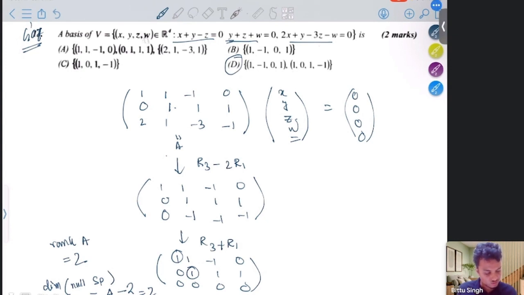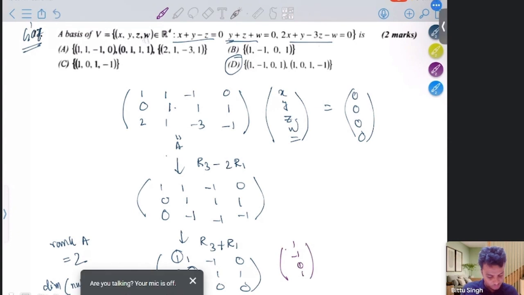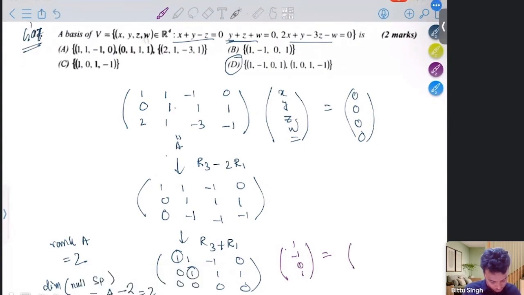But let us check that. If you multiply this with 1 minus 1 0 1, then clearly from the multiplication we are getting 1 minus 1 0, that is 0 here, then again 0 1 1, so it is also minus 1 plus 1, 0, and the last row will be automatically 0.